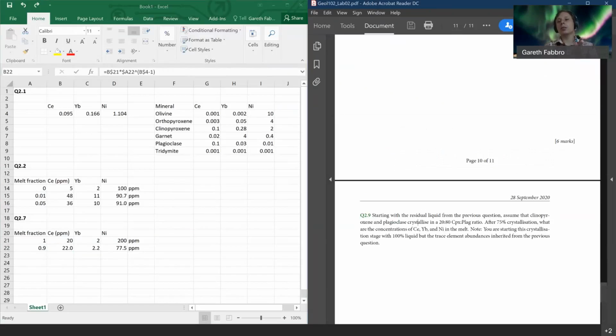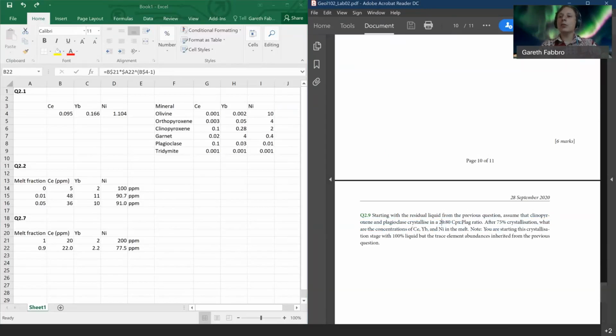At some point, your magma will get so evolved that olivine doesn't want to crystallize anymore. And so this time, after this point, you just have clinopyroxene and plagioclase crystallizing with 20% CPX, 80% plagioclase.